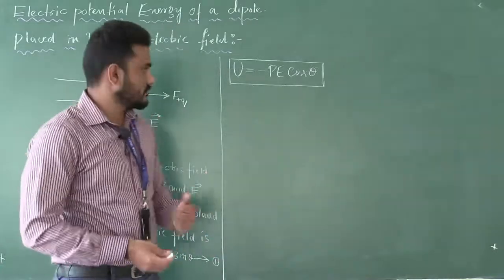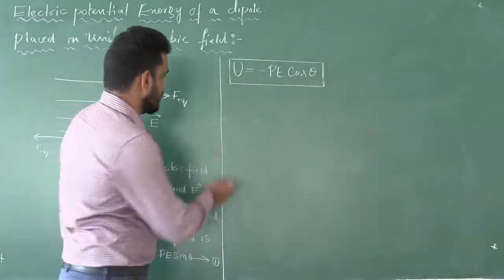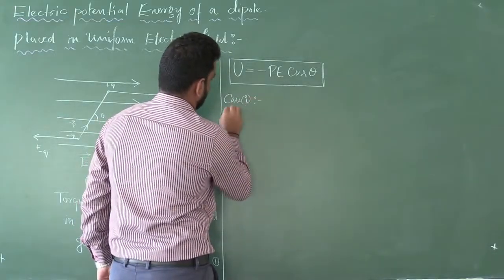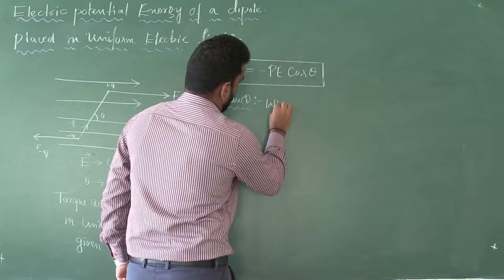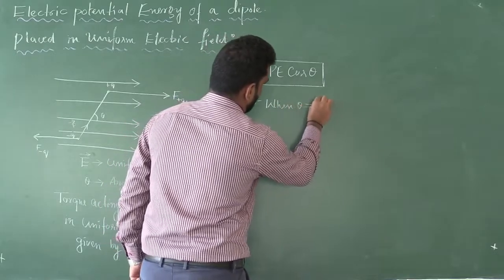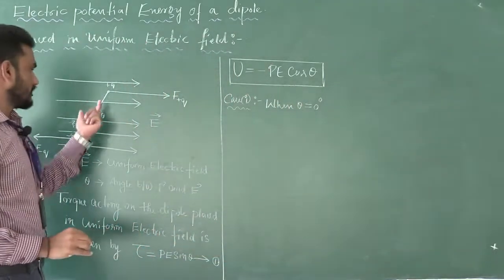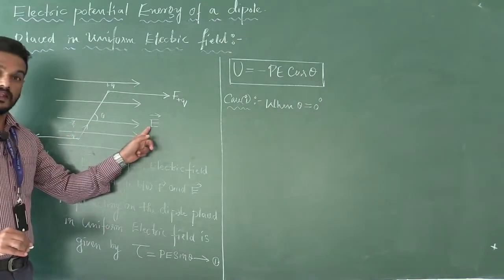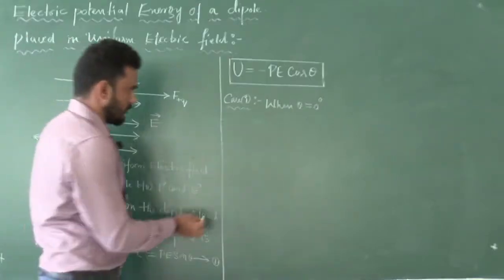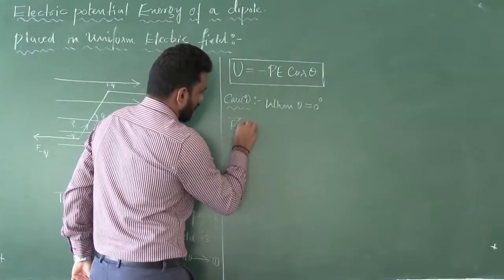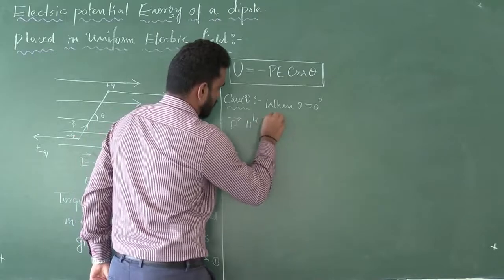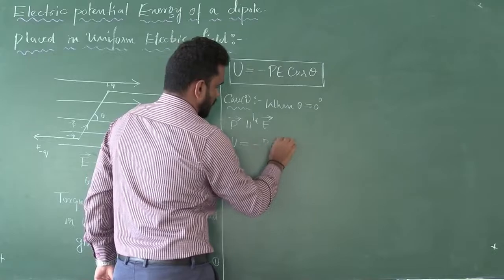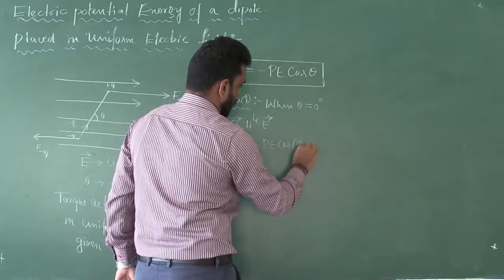We have three cases. Let us check the three cases. Case number 1: when theta is equal to 0 degree. When theta is equal to 0 degree, the dipole moment and electric field are parallel to each other, which means P parallel to E. So what will happen in this case? U is equal to minus PE cos 0 degree.